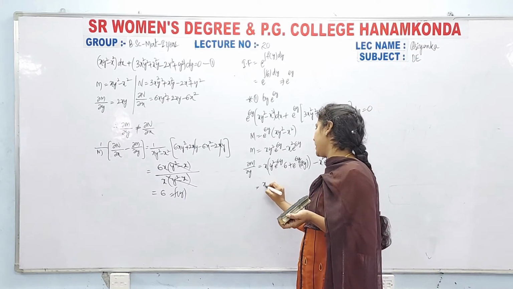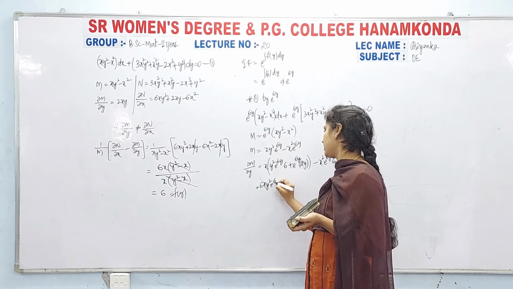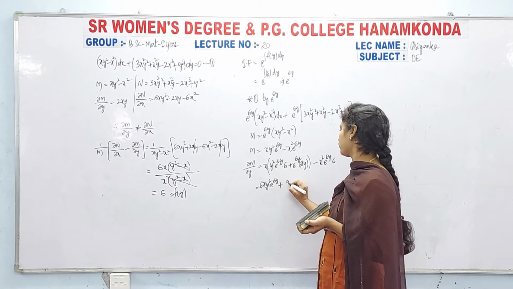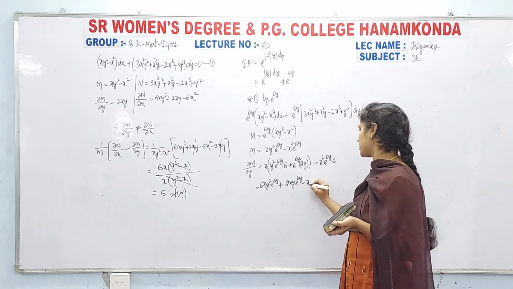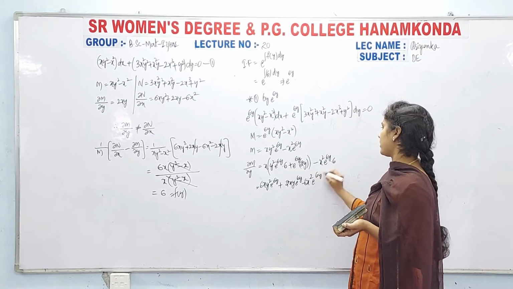Therefore, here 6xy square into e power 6y plus 2xy e power 6y minus 6x square e power 6y, okay.